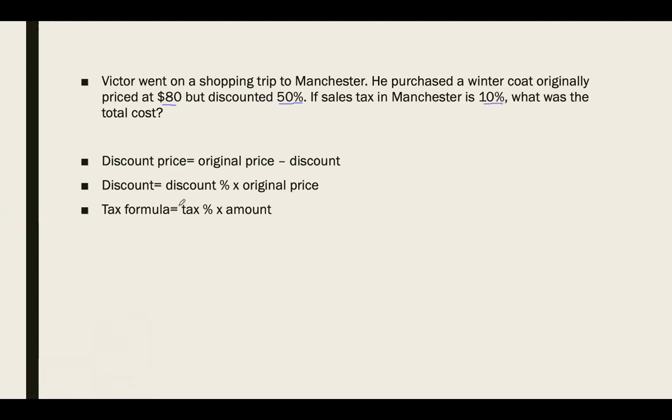So we're gonna follow the same steps. We're first gonna find the discount price by doing 80 times 0.5 and this gives us $40, right?